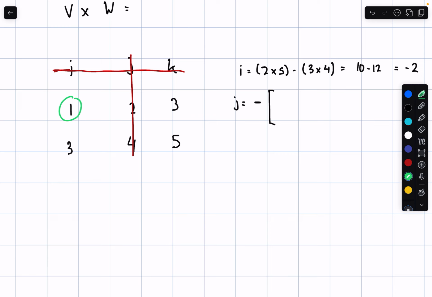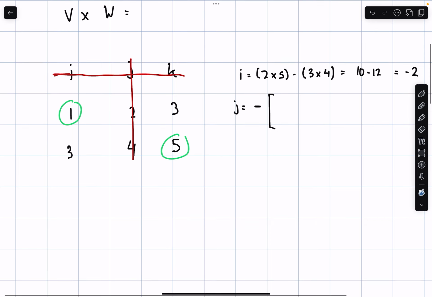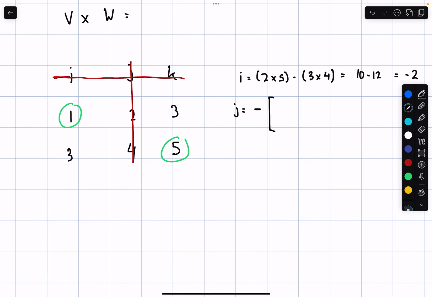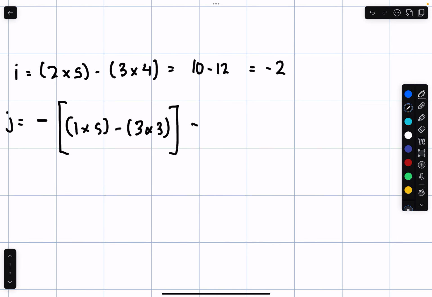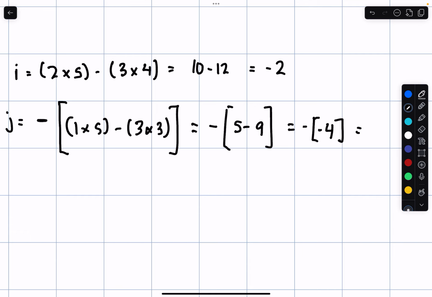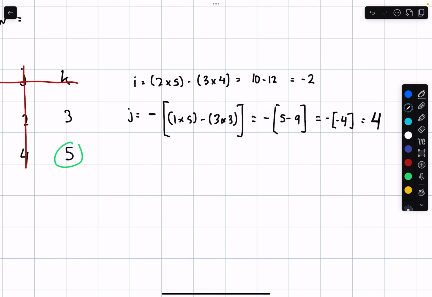So j is going to be 1 times 5 minus 3 times 3, all multiplied by negative 1. So this is going to equal negative 5 minus 9, or negative 4, which gives us our final answer of 4. So the j component of our final answer is 4.